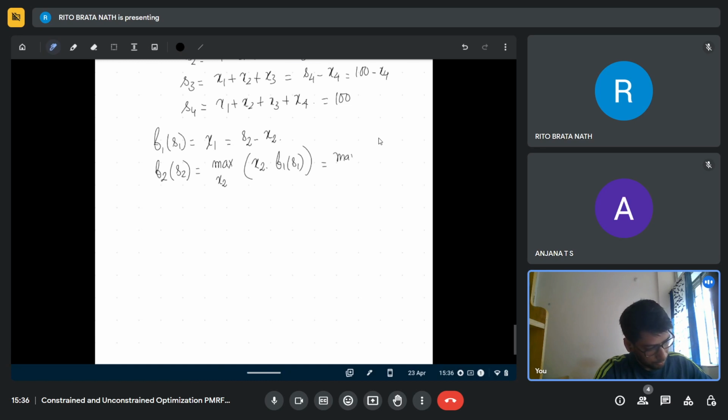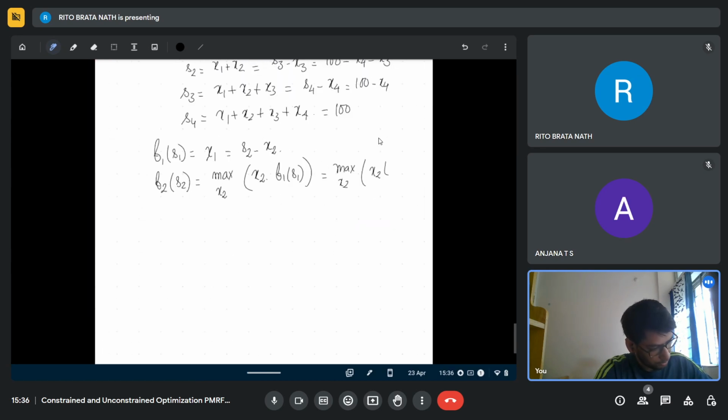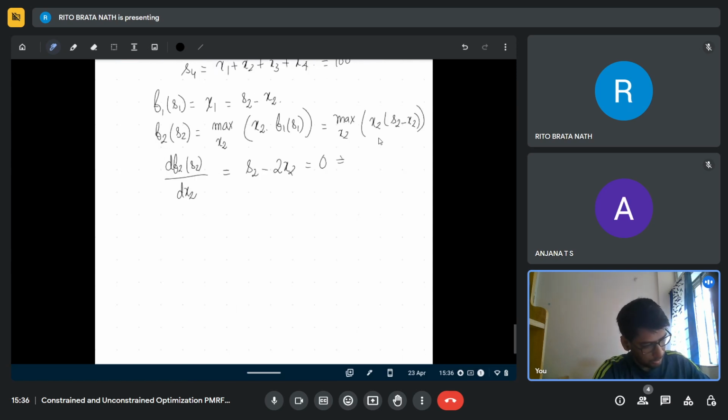So that's max over x2 of x2 times f1 of s1, which is nothing but s2 minus x2. Now this is just an unconstrained problem, and you can take the first derivative, and the first order condition will give you s2 minus 2x2, and you can set this to 0, and your x2 star becomes s2 by 2.